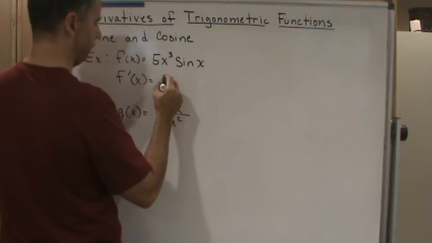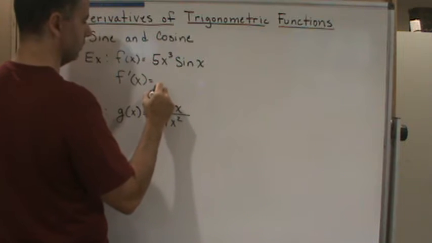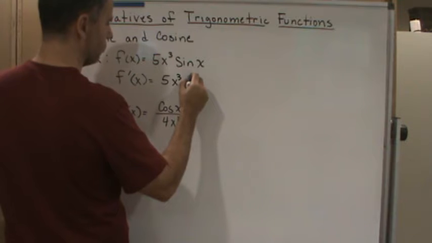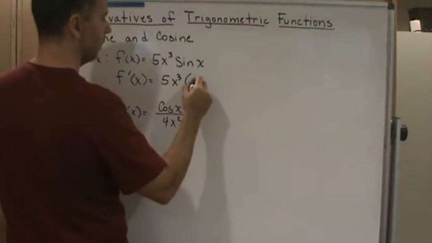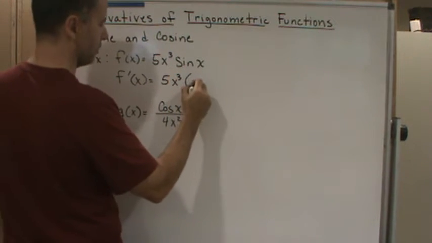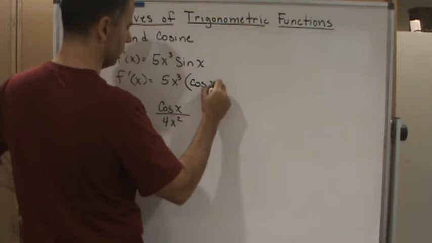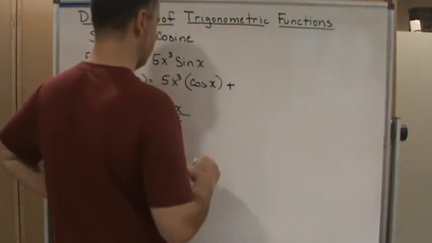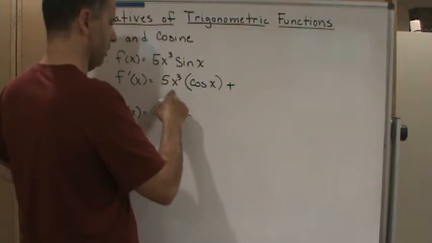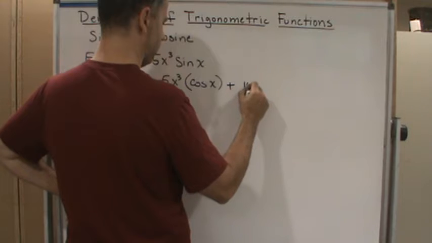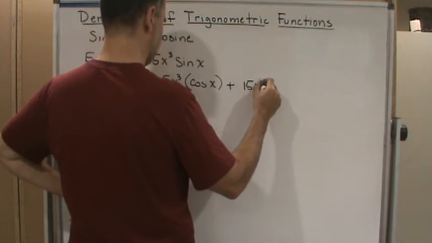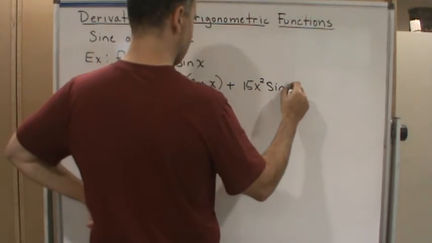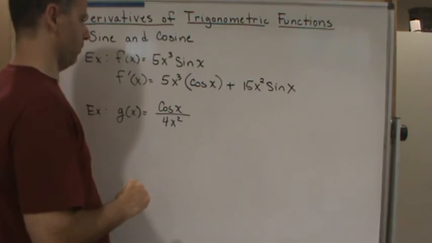Okay, so let's take the first times the derivative of the second, which is what? Derivative of sine is cosine. Okay, plus the derivative of the first times the second, which is going to give us 15x squared times sine x.